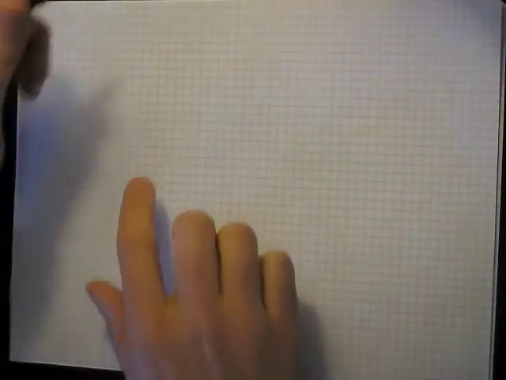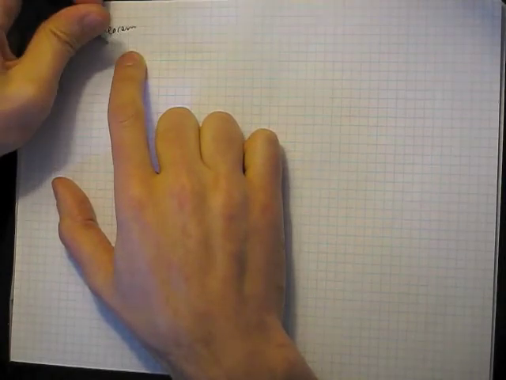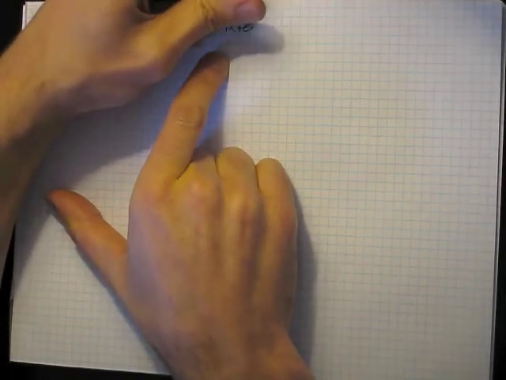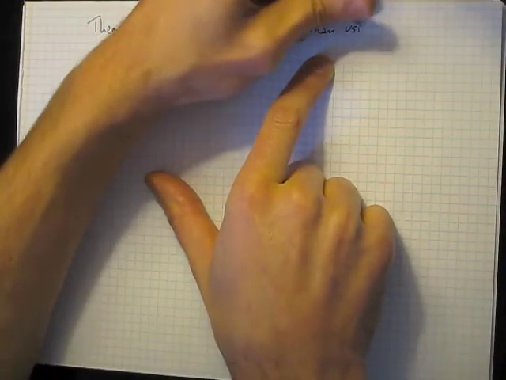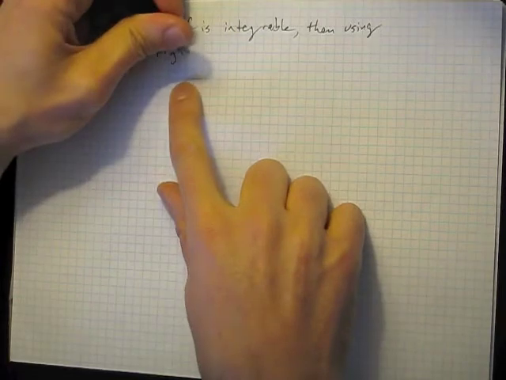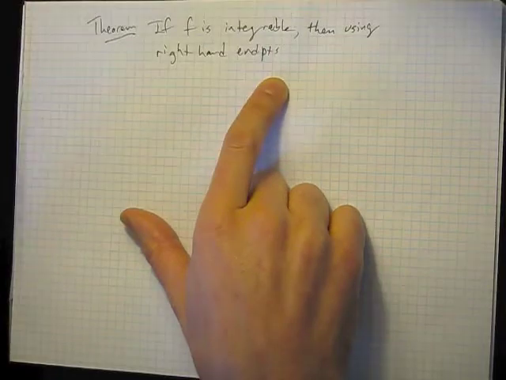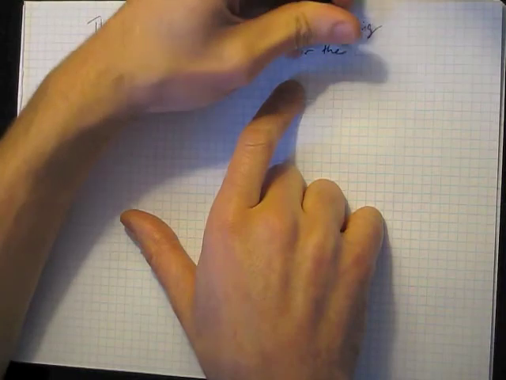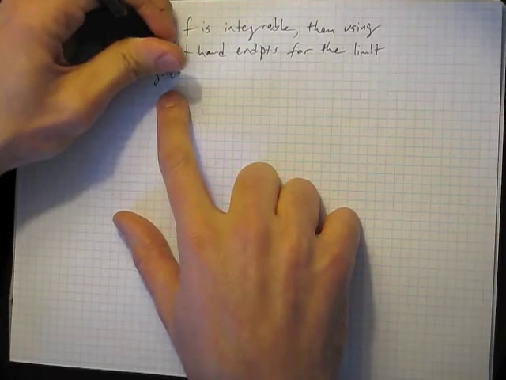We'll talk a little bit about this in class if people have trouble with those rules. All right, let's do an example, or well, maybe I'll start off with a theorem. Theorem: if f is integrable, then using right-hand endpoints, the limit gives the integral.